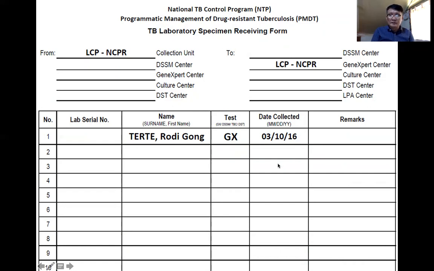And then below, you also have to write endorsed by the one who is referring, and then the date, okay? And do not forget who received your specimen, okay? So basically when you refer it to the laboratory, it will always be the medical technologist or the expert technician who is going to receive.